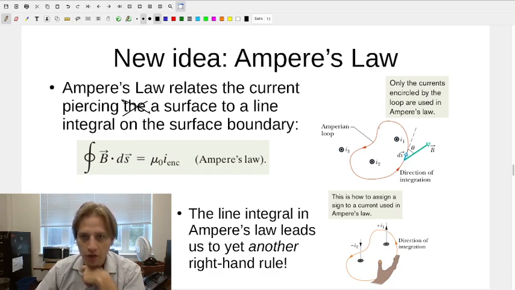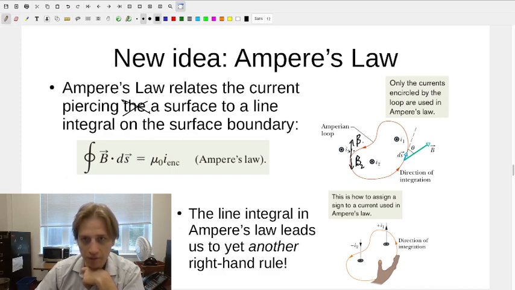Well, if you have a loop, you can make an integral around all of these points, and there will be some magnetic field. This loop will have some contribution, so there would be your B3. This I2 would have some different direction of B2. My drawing is not great here.